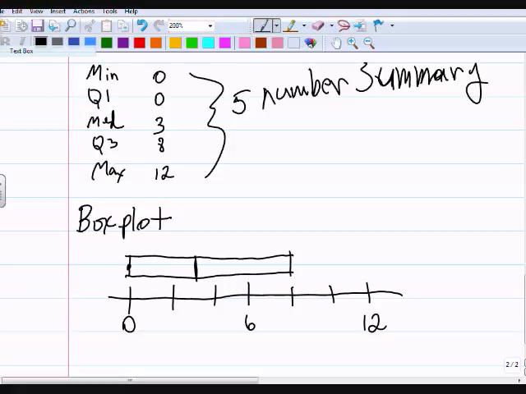For my maximum, I'll put a dot. And I will make what we used to call these graphs box and whiskers, because I will make a whisker that goes from the third quartile to the maximum. If I'd had some distance here between the first quartile and the minimum, I would have put a whisker on that side too.